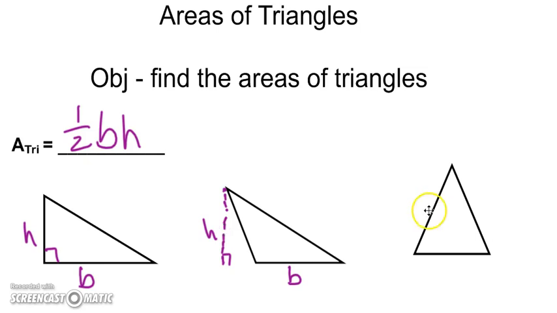In an isosceles triangle, if we recall what we talked about earlier in the year, the height, like the altitude, is also the median. So the base and then the height splits that base into two. So with those three different types of triangles, we could find the area of the triangle those ways.